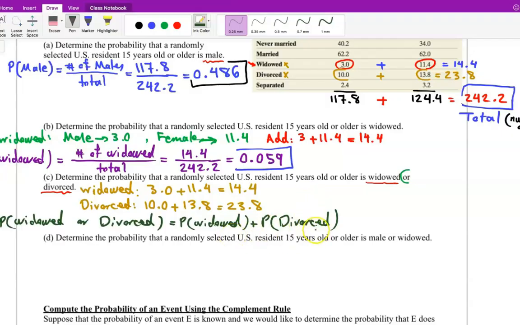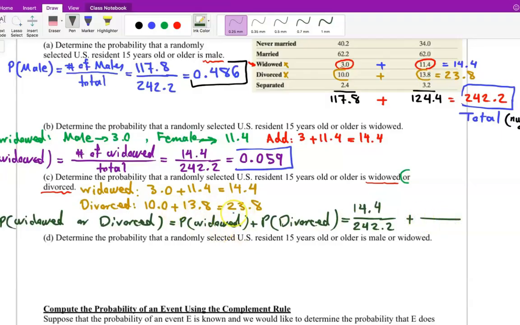And between these two events, we have nothing in common. So it's equal to, here for total for that group, we have 14.4. And total, or in other words, number of outcomes, so we have 242.2 plus.